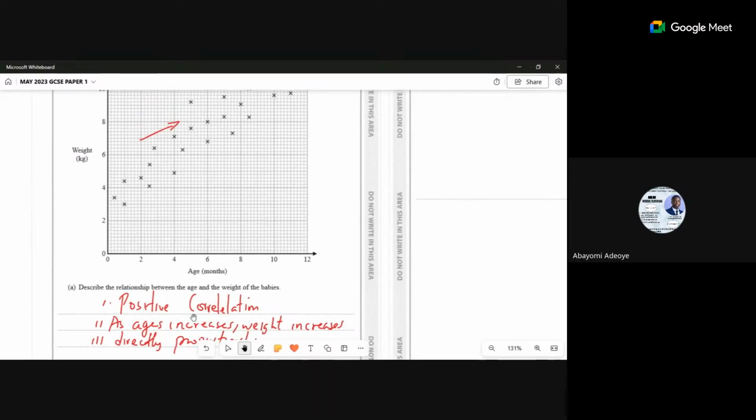Where is 5.8 on this line? This is 4, this is 5, so 5.8 should be here. Before you do that, you have to get the line of best fit.